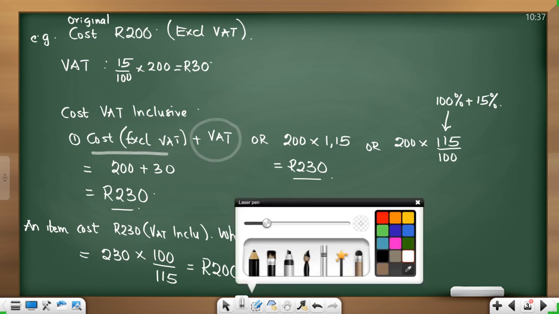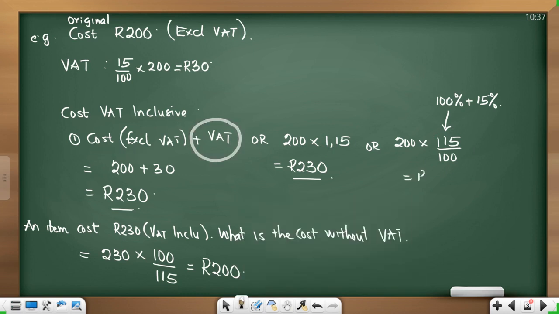All of these are giving me the same answer. But when I'm reversing, check the percentage, which is 100, goes above, and the 115 below. So I've reversed those values as well. This is needed when we want to calculate tariffs. Awesome. I hope this page really helped.